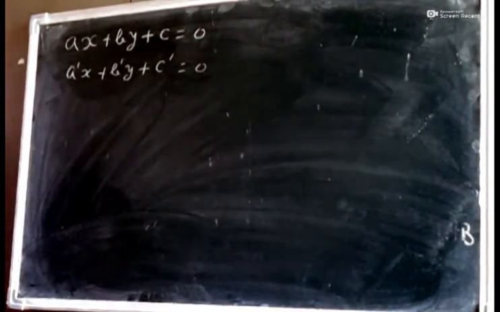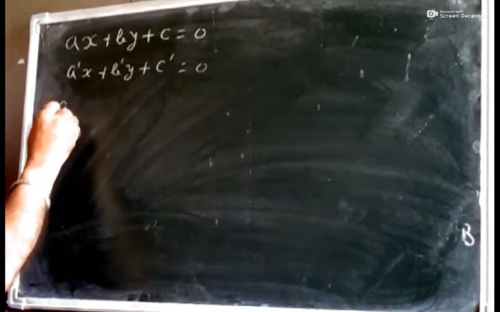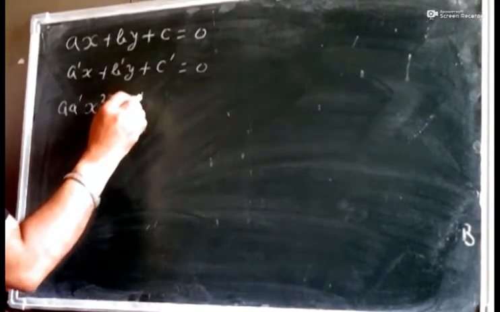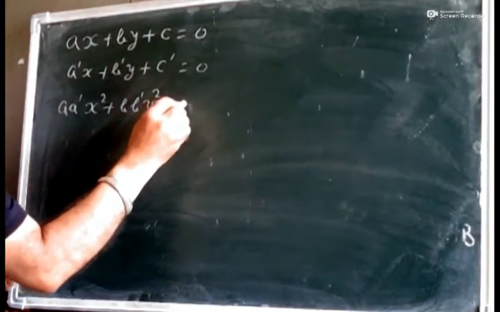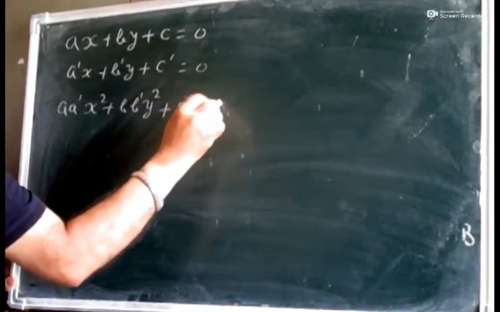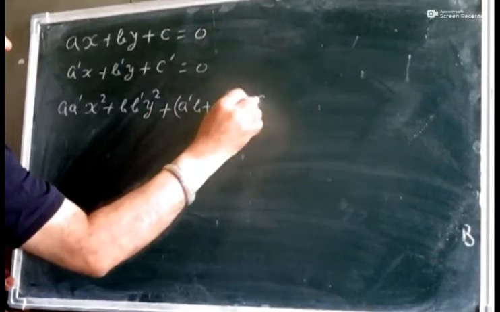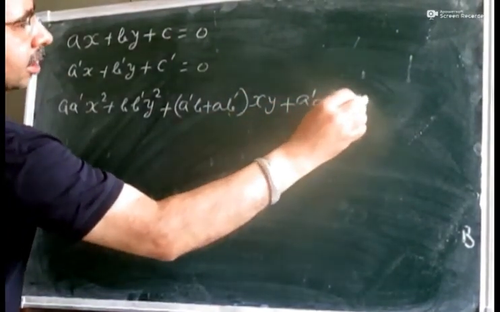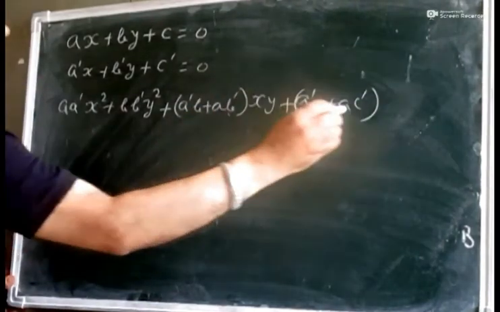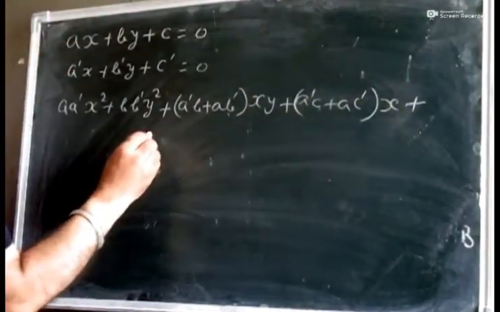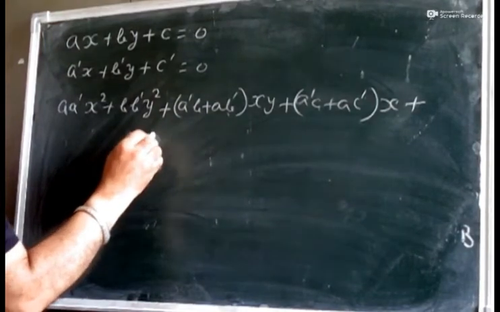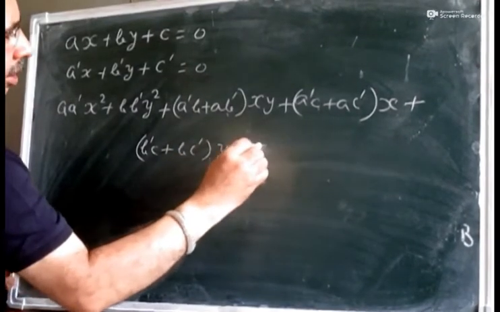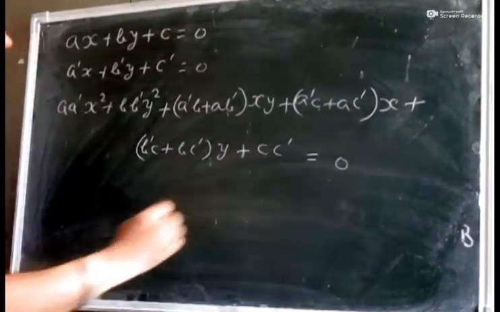And if we multiply these two equations, we get a a dash x square plus b b dash y square plus (a b dash plus a dash b) xy plus (a c dash plus a dash c) x plus (b c dash plus b dash c) y plus c c dash equal to 0.